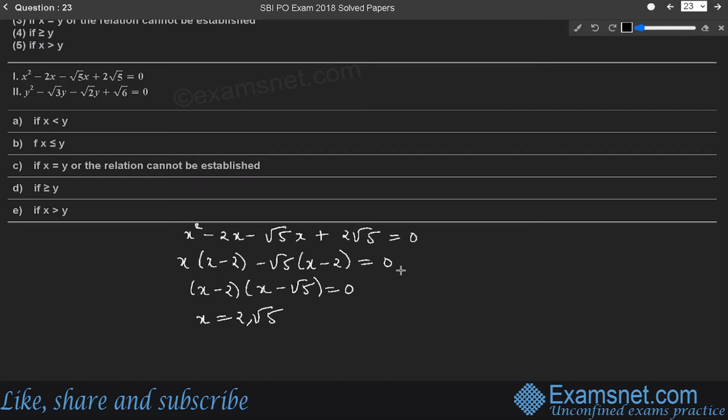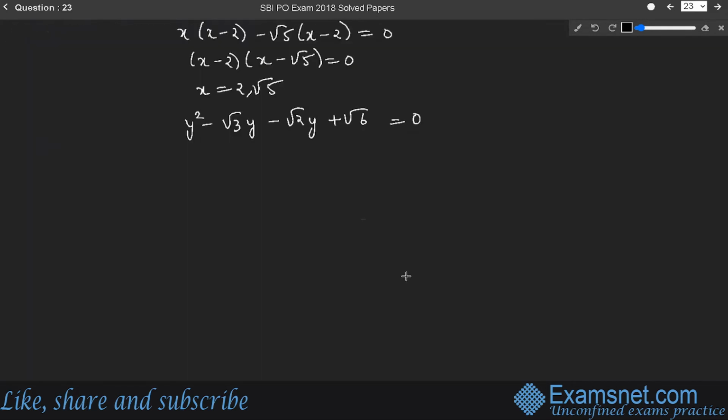Similarly, the second statement is y square minus root 3 into y minus root 2y plus root 6 is equal to 0. Taking y common from the first two terms, remaining terms will be y minus root 3. Similarly, taking minus root 2 common, remaining terms will be y minus root 3.